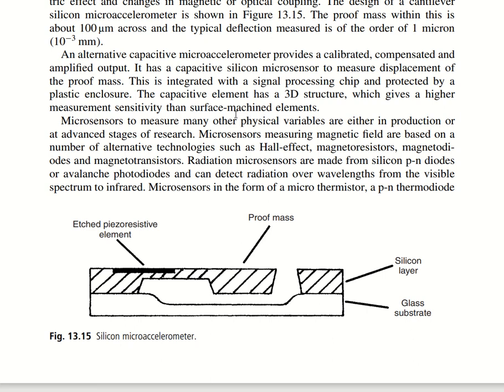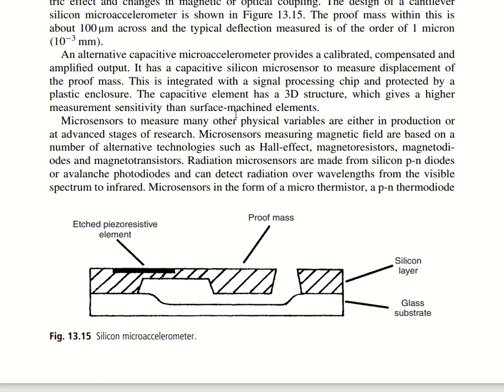And microsensors to measure many other physical variables are either in production or at an advanced stage of research, as I've said. Sensors measuring magnetic fields are based on a number of alternative technologies like Hall effect, magnetoresistors, magnetodiodes, magnetotransistors, etc. Then radiation microsensors are made from silicon PN diodes or avalanche photodiodes, and they can detect radiation over wavelengths from the visible spectrum to infrared.